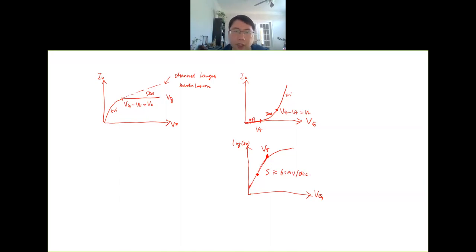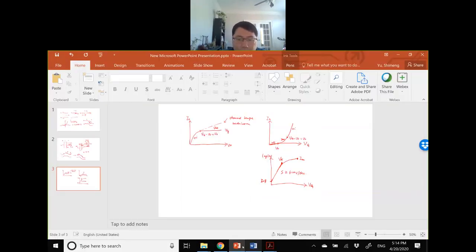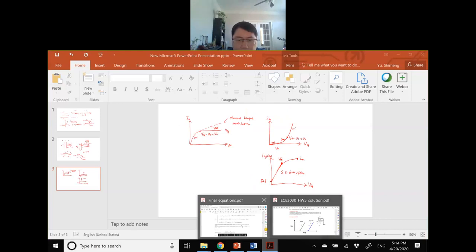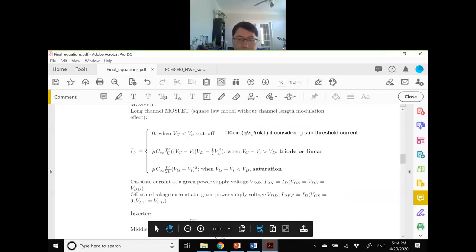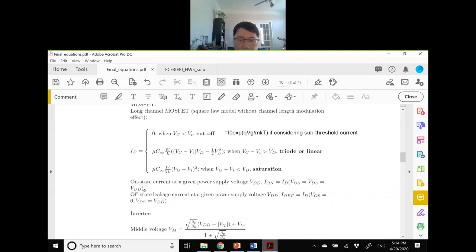And then we talk about the on current and off current definition. So on current is here. That is the maximum current you can have. And off current is here. That is the minimum current. And the condition for the on current, if you look at the definition here, on current is when the VGS equals VDS equals VDD.